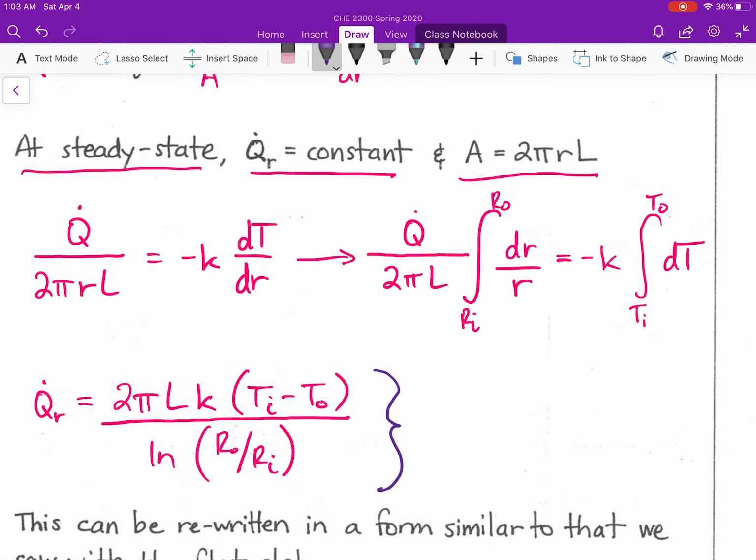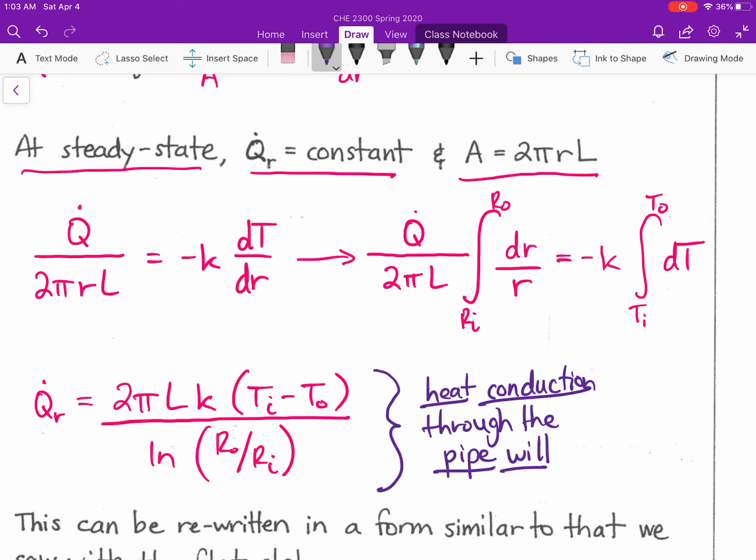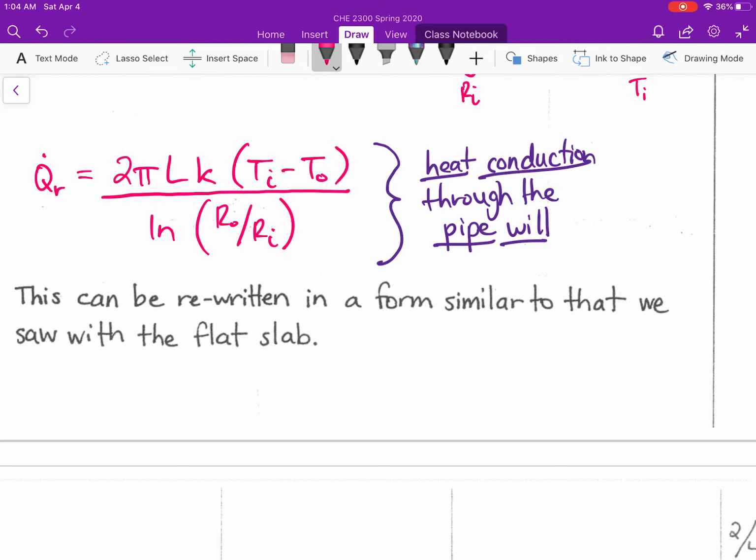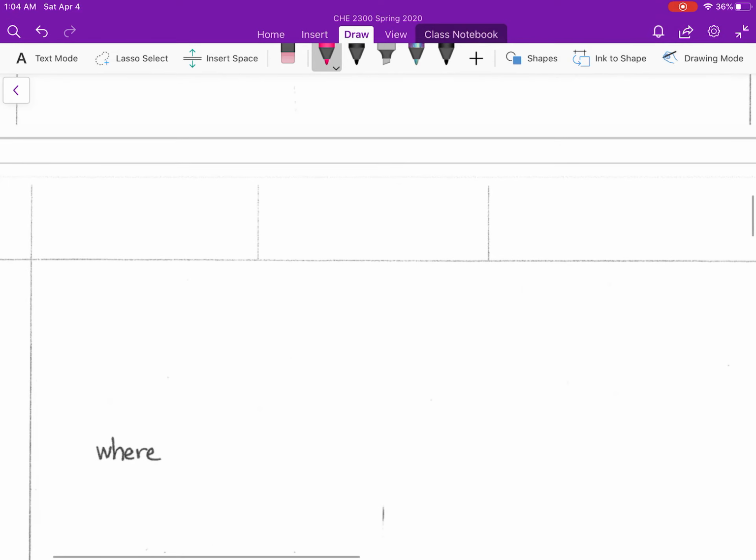So again, this equation describes heat conduction through the pipe wall. We can take that equation and write it in a bit of a more familiar form to what we saw in lecture 18, where heat flow is equal to the thermal conductivity multiplied by some area.